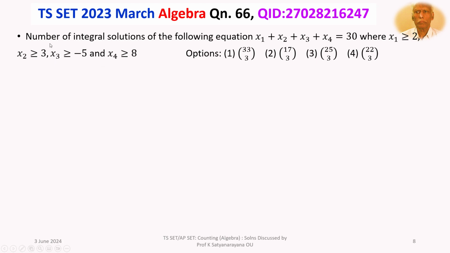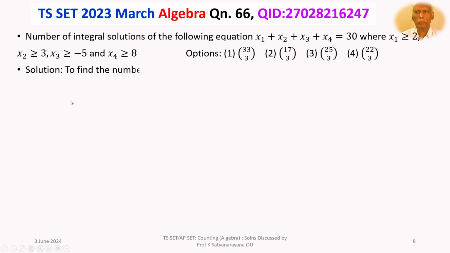You have to find the integral solutions, that means solutions which are integers of this equation subject to these constraints. Four options are given. Here the bracket 33 3 means 33 choose 3, that is the same as 33C3. So accordingly, you have to read this one.